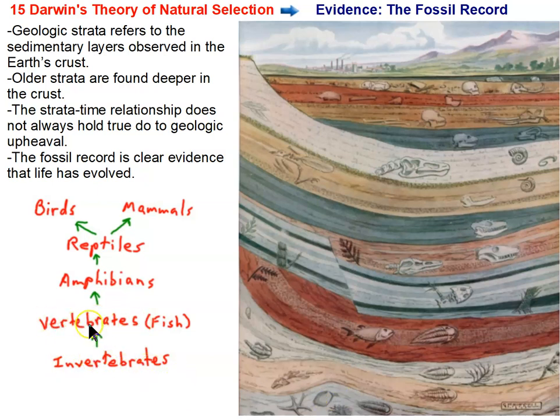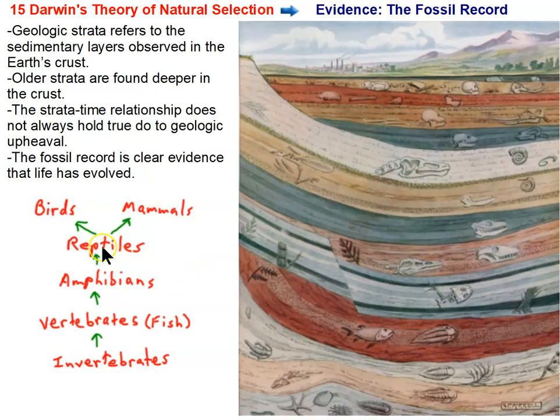Then we see the evolution of vertebrates, and the first vertebrates are fish, like we see here. Fish gave rise to amphibians, which are represented here. Amphibians gave rise to reptiles, and some of the most famous reptiles are dinosaurs, but not all of the reptiles were dinosaurs that were alive early on.